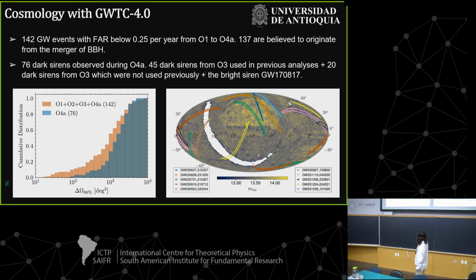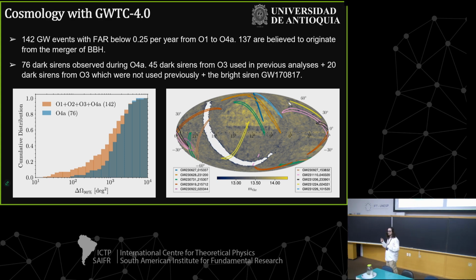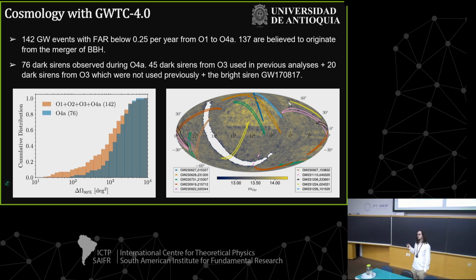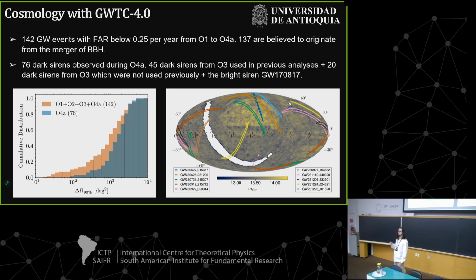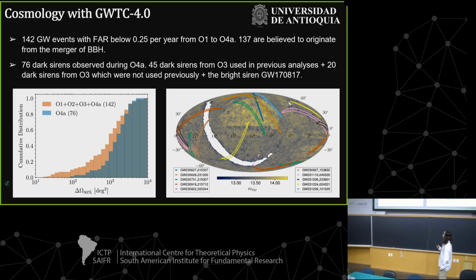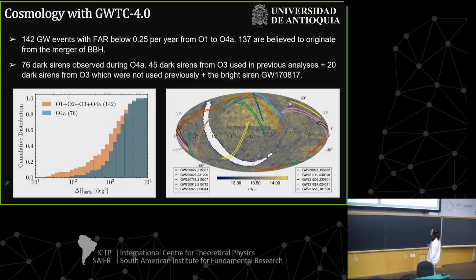And that's basically because during this observing run, Virgo was not operating. So the sky localization was worse than in O3, because in O3 Virgo was active. So you need these 3 detectors to have better sky constraints for each individual event. So that's what this plot is showing here.